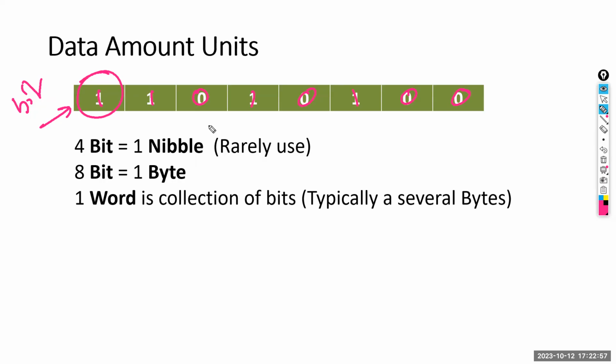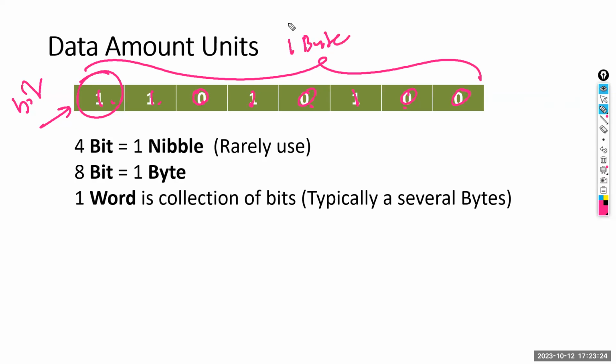So 1 bit of data is the smallest unit, and that bit value can be 1 or 0. And if you have 8 bits of data, 1, 2, 3, 4, 5, 6, 7, 8, this 8 bits of data we call 1 byte of data.